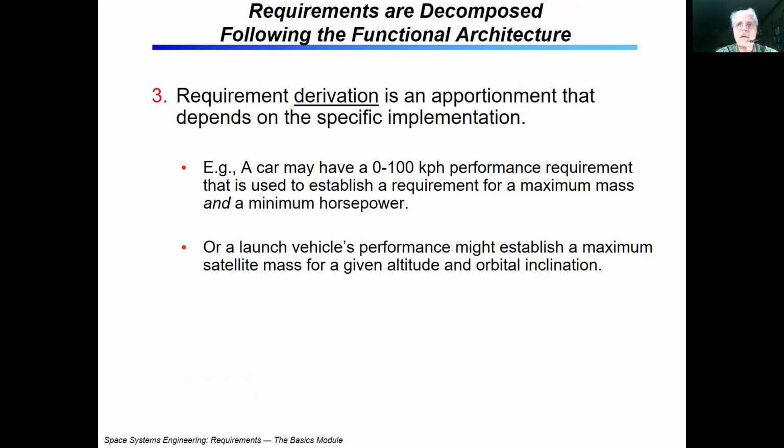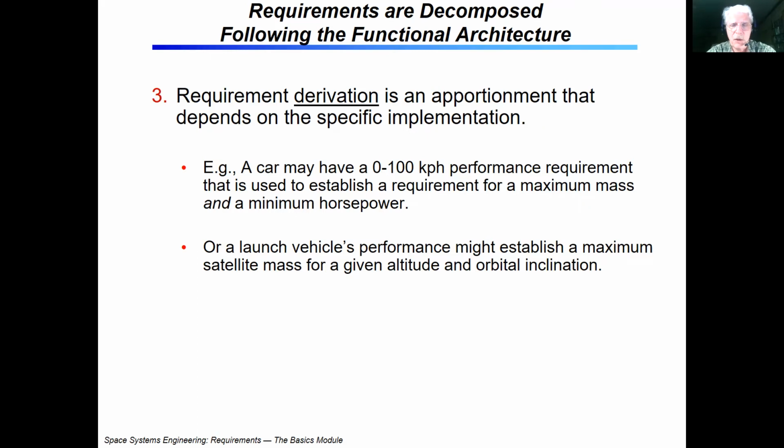The last sort of decomposition is what's called a derivation, and it depends upon a specific implementation. Here's an example: a car may have a 0 to 100 kilometers per hour performance requirement used to establish a requirement for a maximum mass and a minimum horsepower. This is very common, that you have other kinds of requirements derived this way.